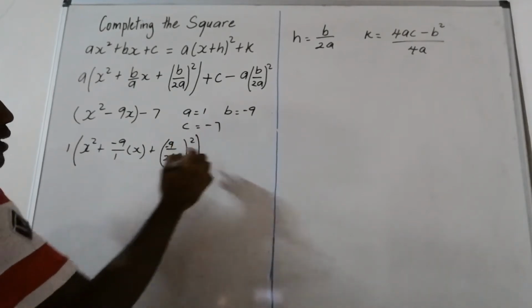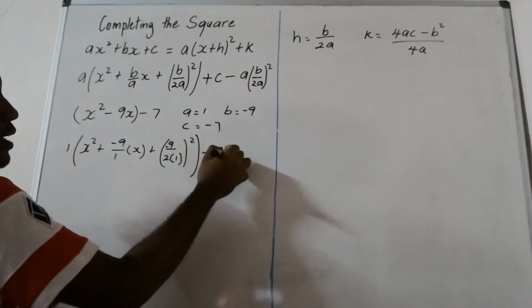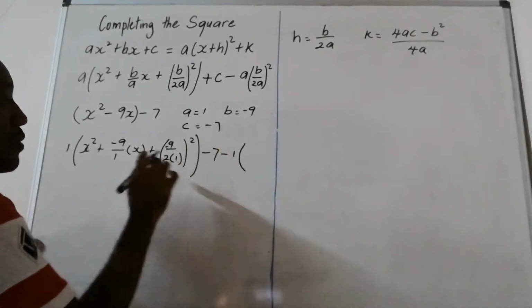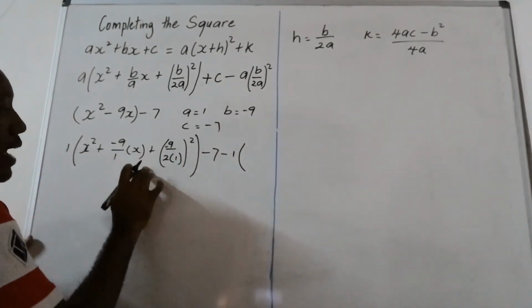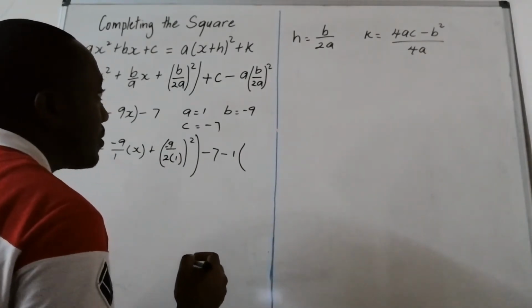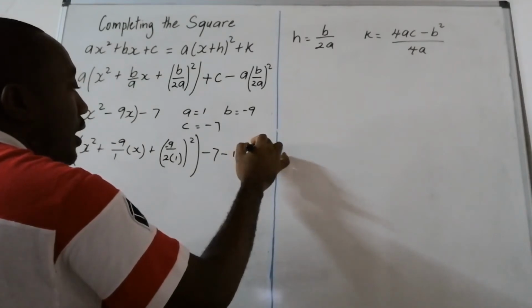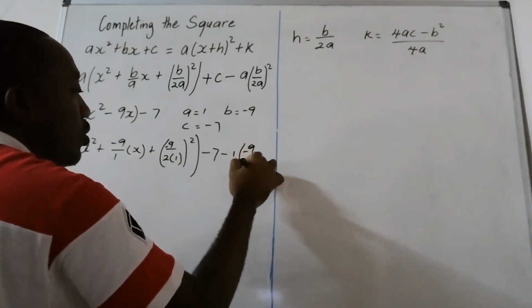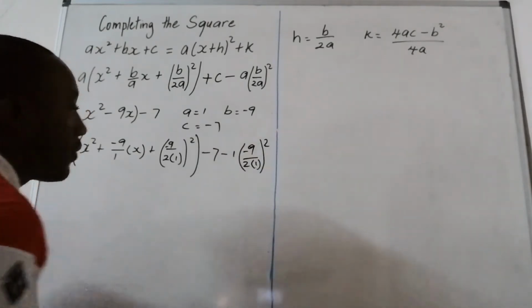Now, once we write it in that format, let's put in our plus c, which is minus 7. Whatever we add, we subtract. So we will have minus 9 over 2 times 1 all squared.